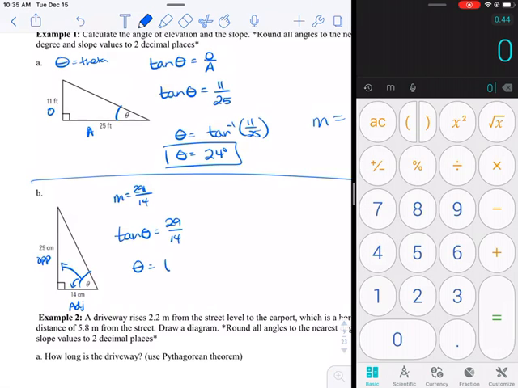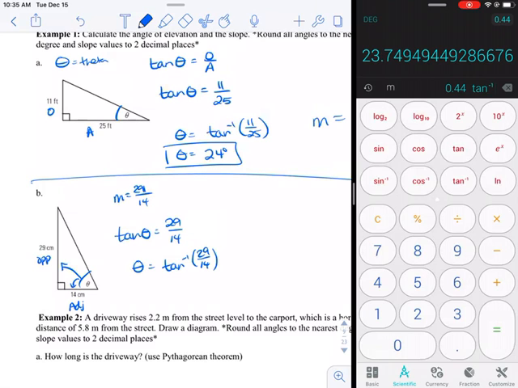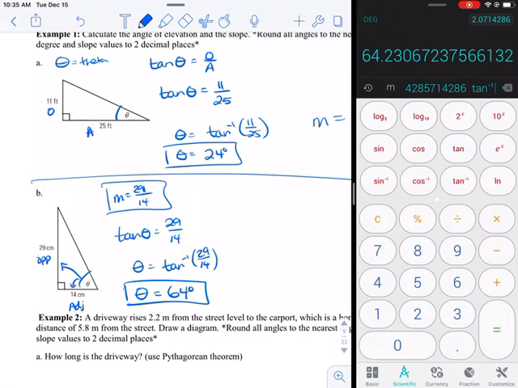Now the angle, you're going to use the -1 button. So type in your fraction, 29 divided by 14, and then press the tan -1 button. And if you do that, you get an angle of 64 degrees. And the slope is 29 over 14.